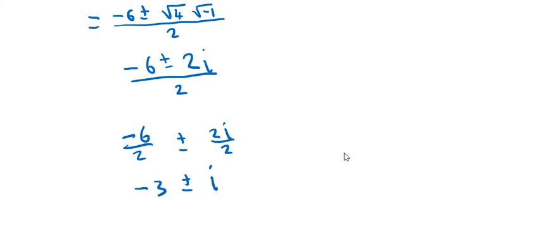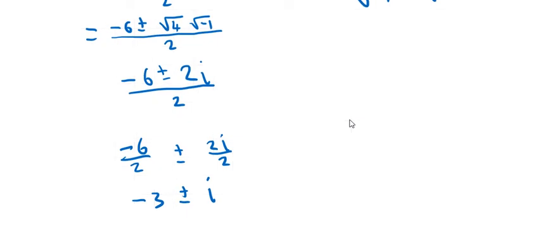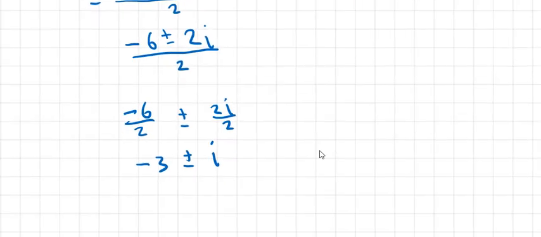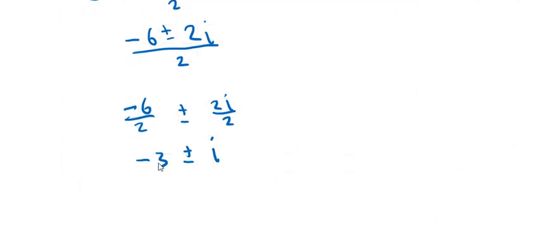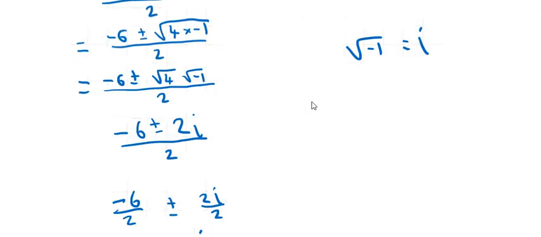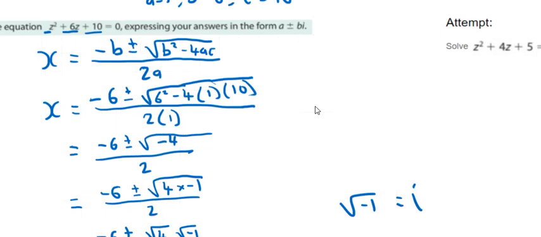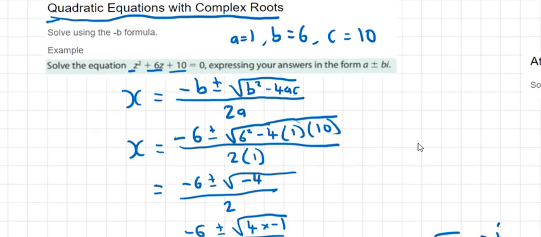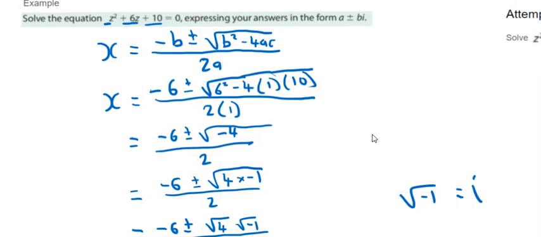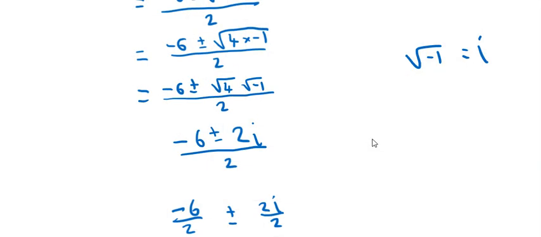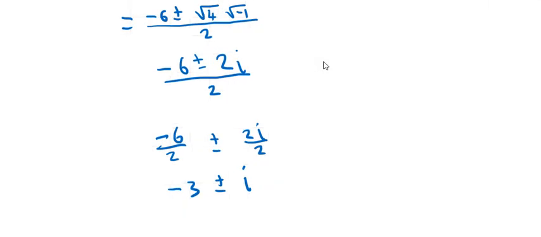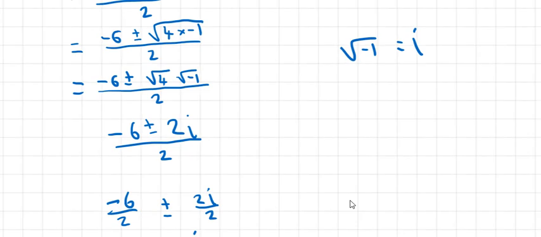So minus 3 plus or minus i. So they are two complex roots then: minus 3 plus i and minus 3 minus i. So I found the two complex roots of that quadratic equation. Whenever you get a minus inside the square root, you give your roots as complex, where you've got an i in them.